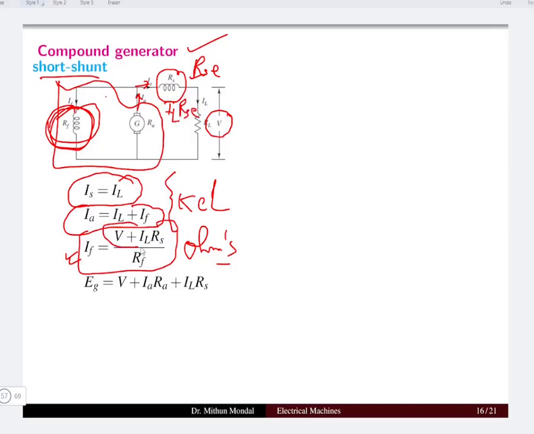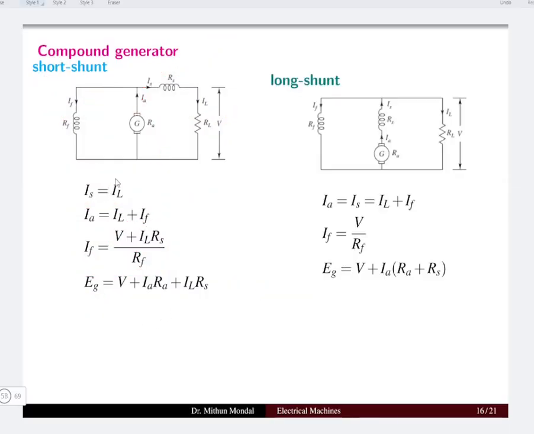So that will be added up: V plus IL RAC divided by RF will give you the field current which is taken by the RF. And in accordance with KVL, Kirchhoff's voltage law, we can say that the generated EMF is equal to the terminal voltage V plus the drop of the armature plus the drop of the series field winding. So this is the KVL equation which we have applied in this particular loop.